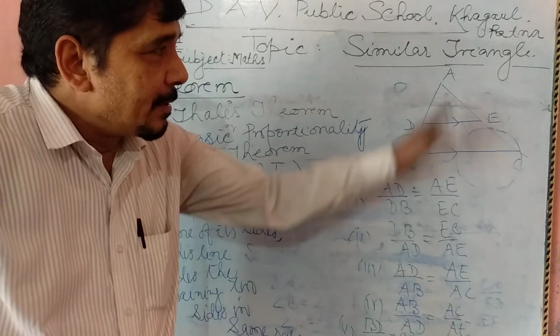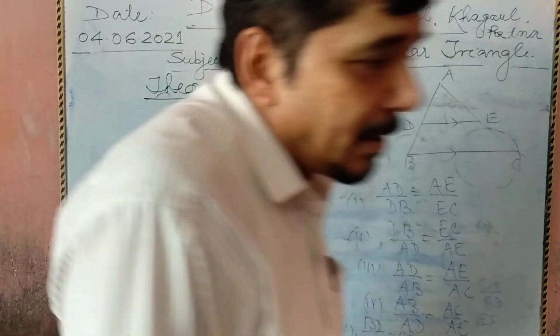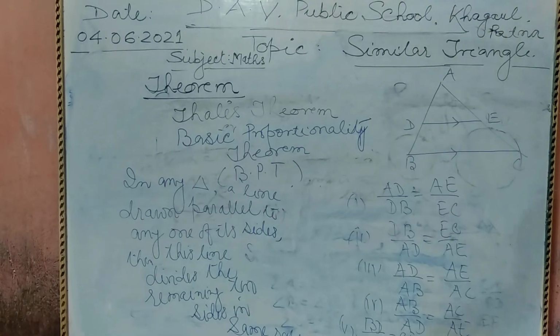Okay, sometimes a figure is given and one parallel is drawn to the side of the given triangle. Now one relation is given. Now we have to proceed with that relation.